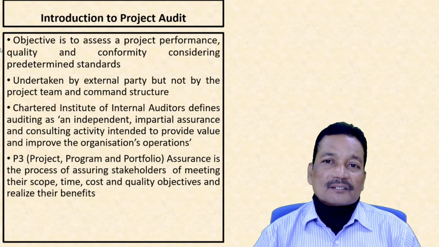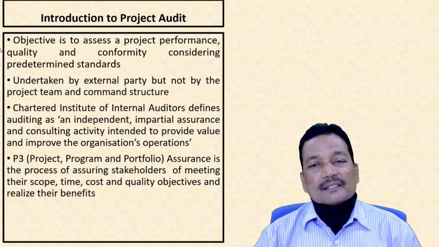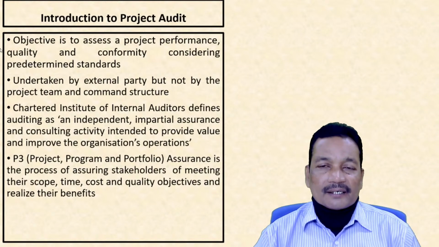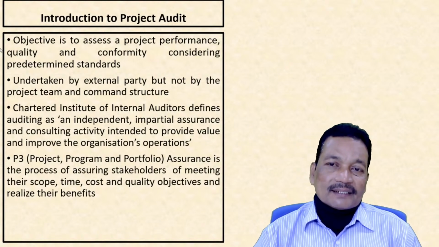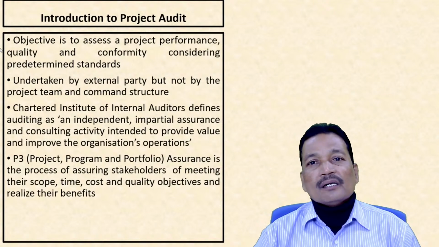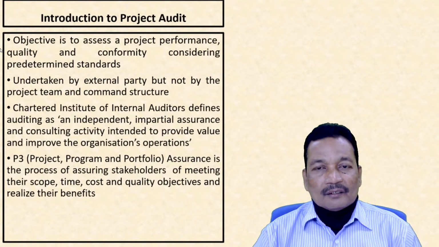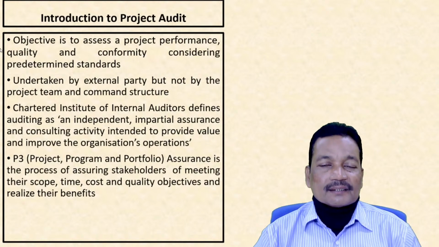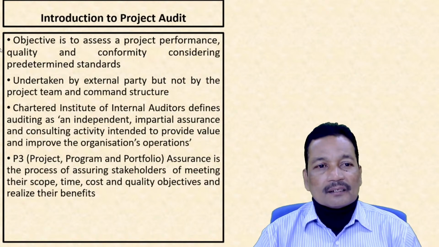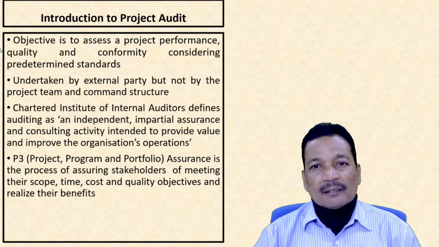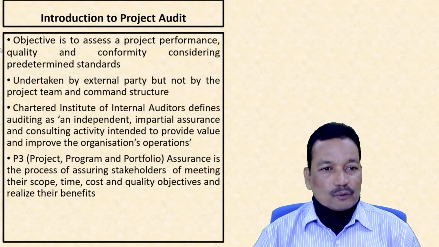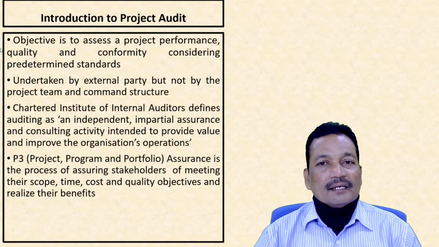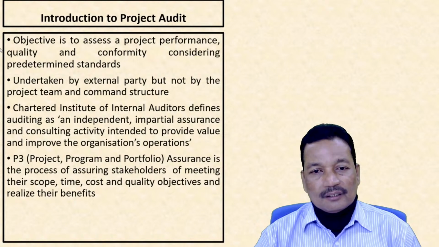That means even if it is not going on correctly, sometimes the internal party who is assessing may pass it that yes, it is going on smoothly. So in order to do away with this kind of biasness, it is done by an external party, but not by the project team and the command structure.